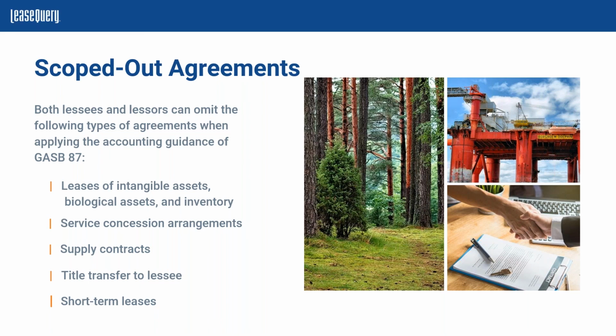Service concession arrangements, we talked about that a little bit earlier. Those are out of scope for that reason. Same with supply contracts, such as power purchase arrangements, those are out. And then title transfers, we're going to touch on this in a subsequent slide, but if you have an automatic title transfer within the lease, it's going to be scoped out. Same for any short-term lease you have as well.